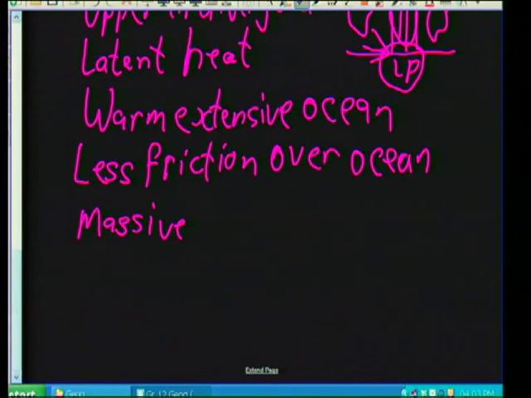So less friction over the ocean, which will also not allow the air to mix and destroy the low pressure itself. Because of temperatures, a massive evaporation. That will cause more air to rise, condense, give off heat, etc. There's so many factors here, guys.